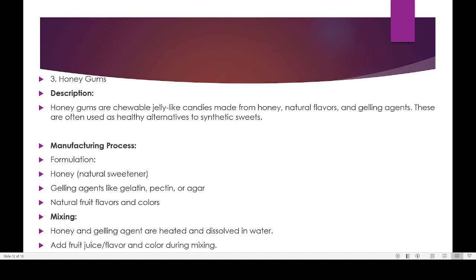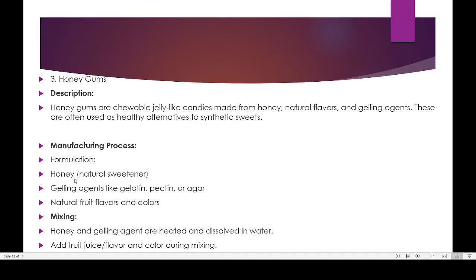It's like a gum or a paste. You can prepare this kind of material. So these are chewable jelly-like candies made from honey or natural flavor. I think these are all honey gums. I cannot see the correct picture. Maybe something like this. What they are showing here is a different product than the product they intended.